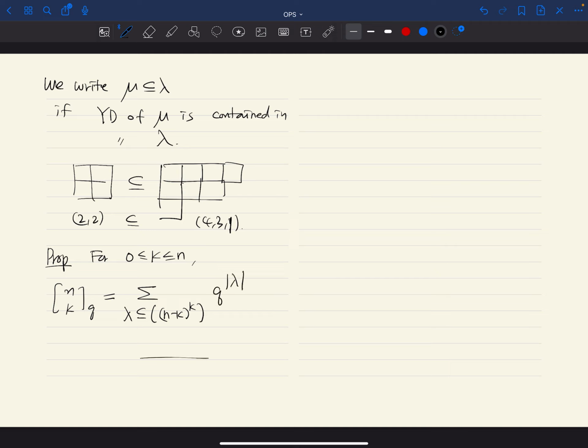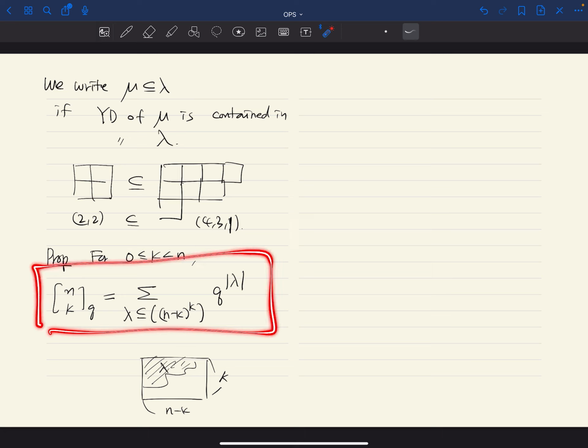This means that lambda is contained in this box, and you count the number of boxes and raise q to that number. Then you add this for every lambda, and you will get this. If you can prove this, then it's clear that this is a polynomial in q, and also the coefficients are non-negative integers.